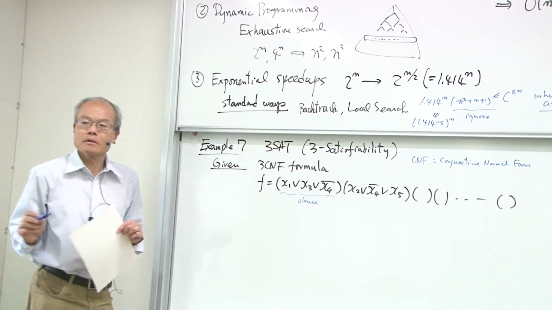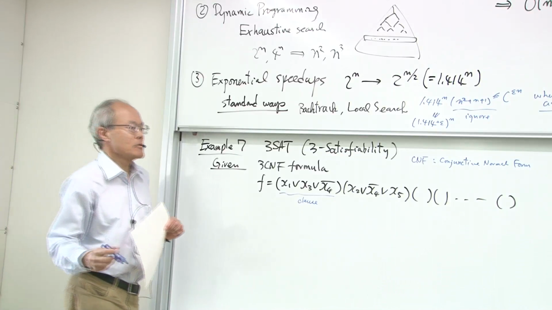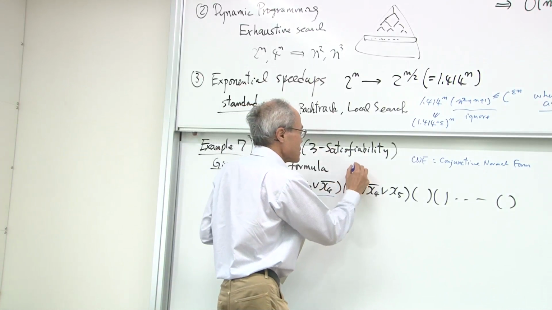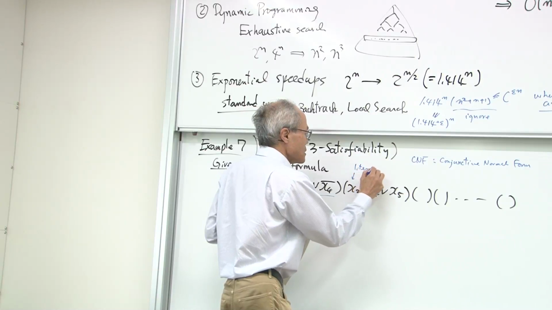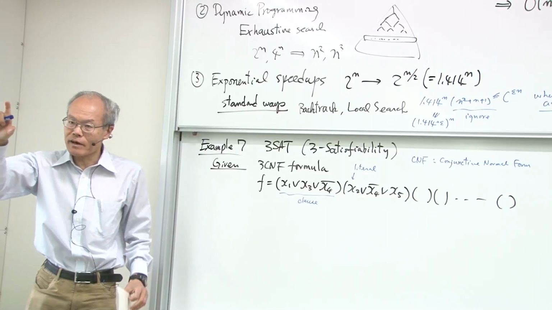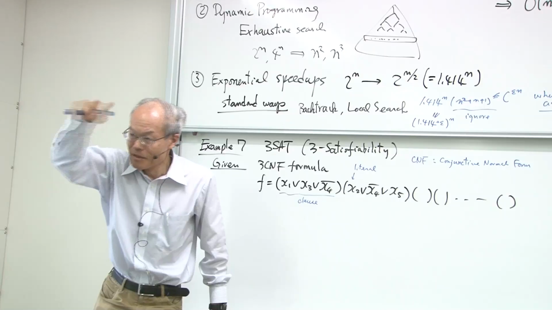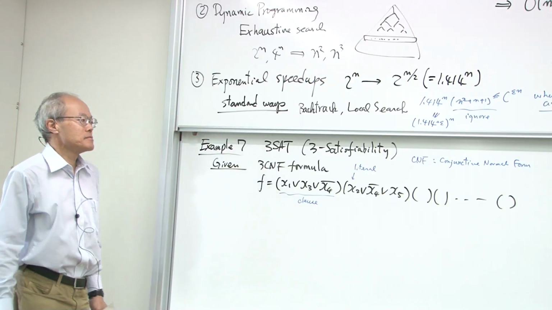And each clause consists of at most 3 literals. So we call those things literals. A literal means a Boolean variable or its negation. This is a negation. Bar is a negation.